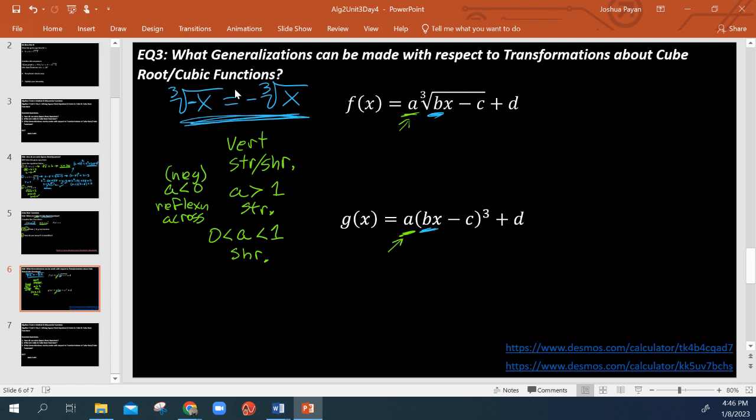These two are exactly the same thing. That's because cube and cube root functions in their most base form are odd functions. Okay, and again, that just means that negative f of x and f of negative x are equal.